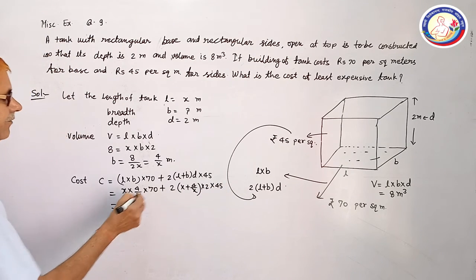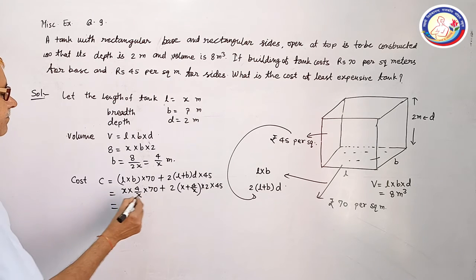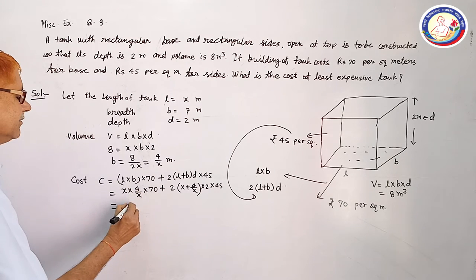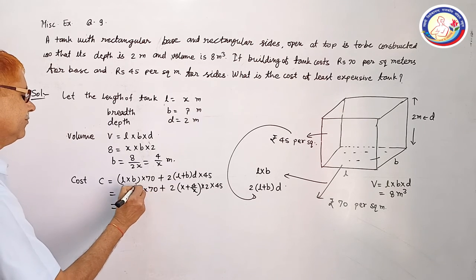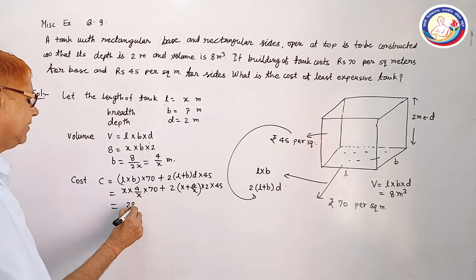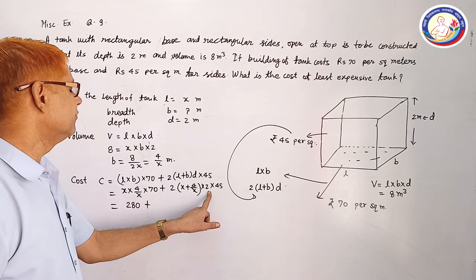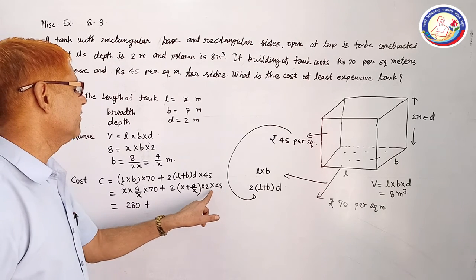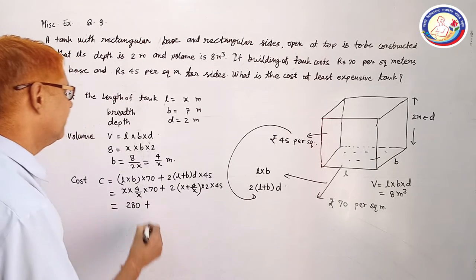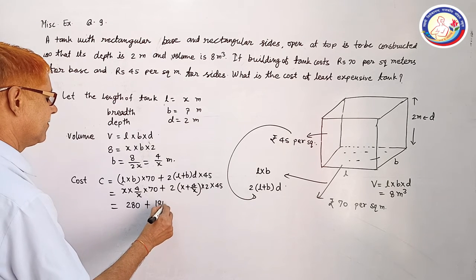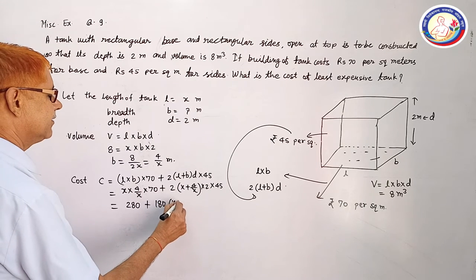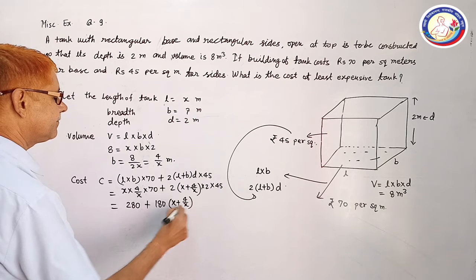So on simplification we shall get: X cancels X, 7 4s are 28, that is 280 rupees, plus 2 into 2 is 4, 4 into 45 is 180, 90 into 2 is 180, into (X plus 4 by X).